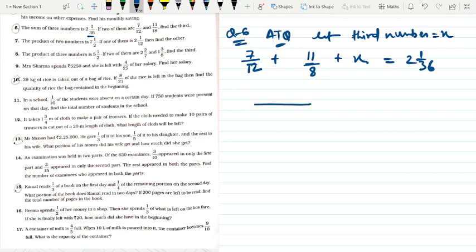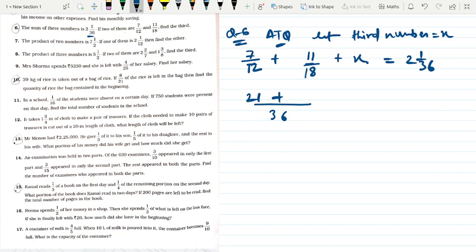Take the LCM of 12 and 18, you will get 36.